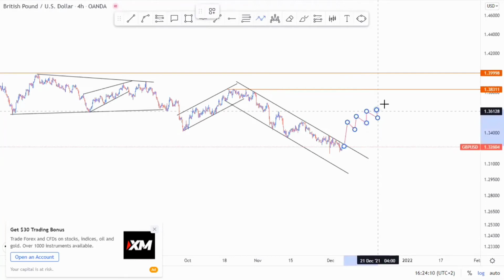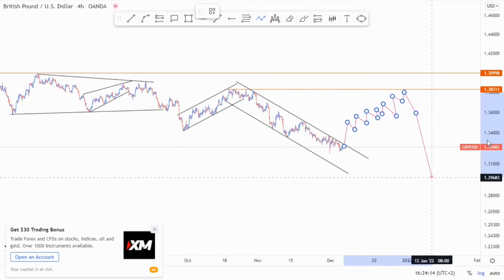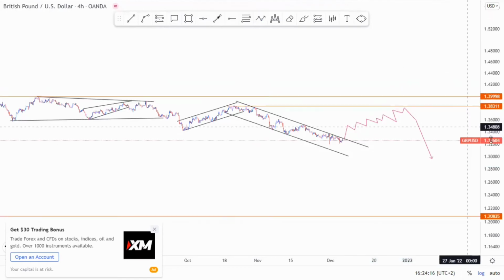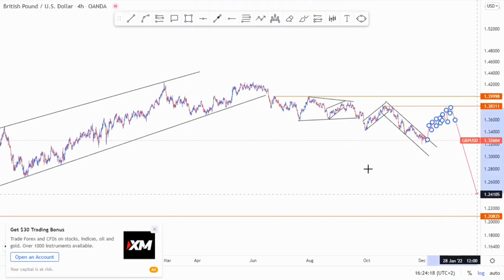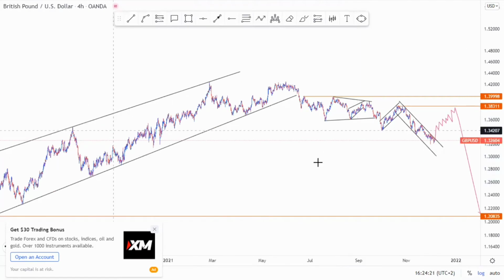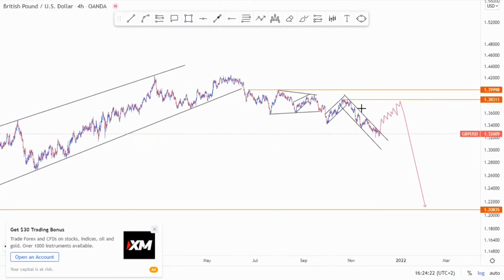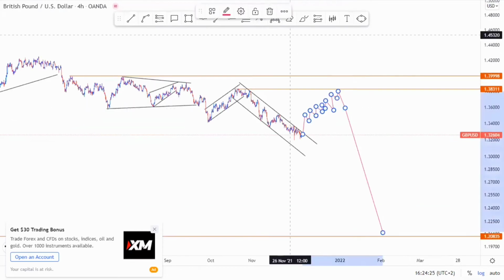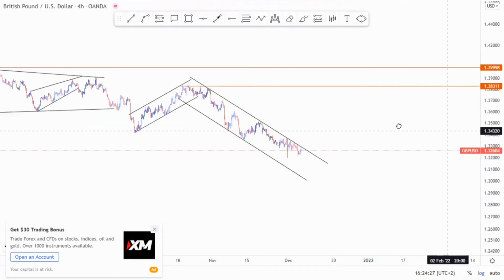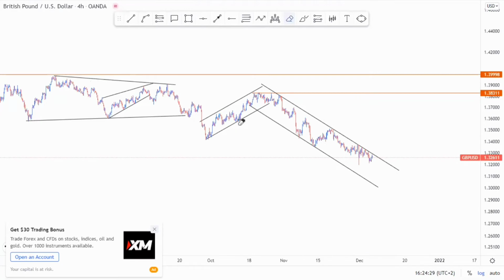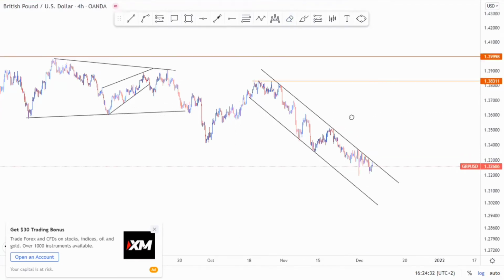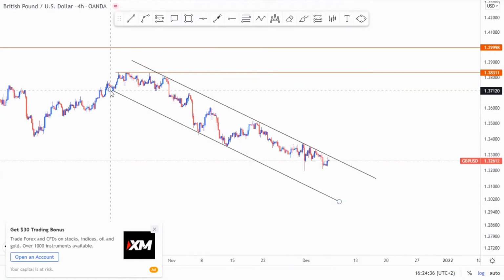There's also a continuation pattern in some manner to go to the downside, to complete this 90% rule of our bigger structure on the higher time frame. But let me just focus on this piece of price action over here and also erase this, just to keep our charts clean and focus on the current price action.